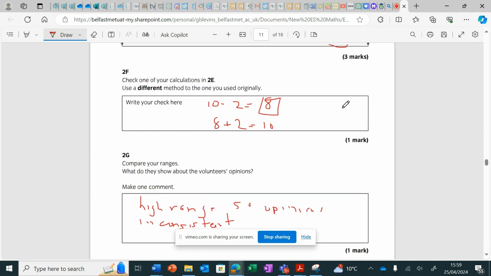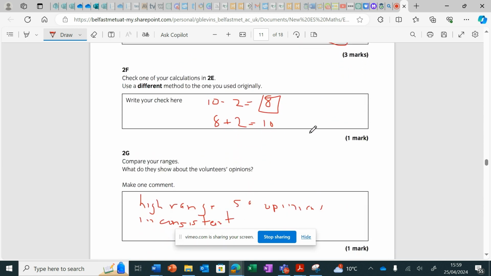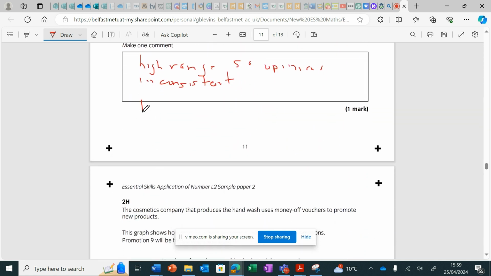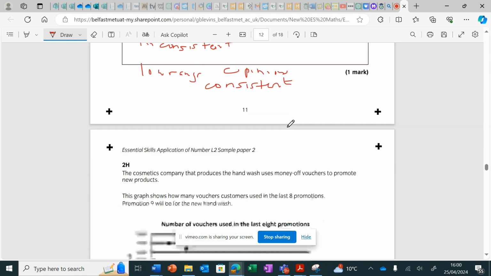Some people liked it, some people hated it. Design of bottle was the lowest range. So low range, people's opinions were consistent. Sorry, I'm just using a mouse here to write this stuff. So inconsistent and consistent are important words to remember about the range.